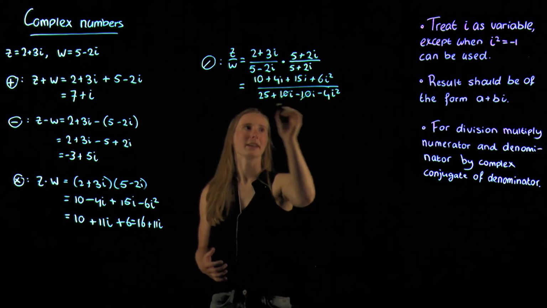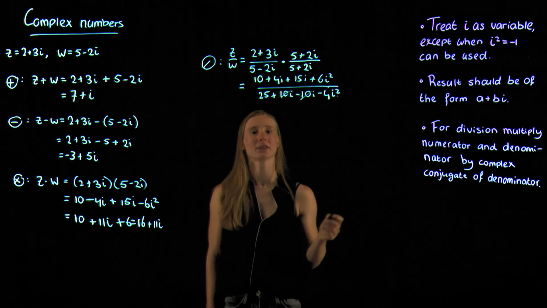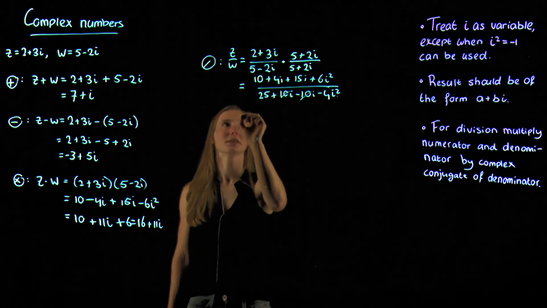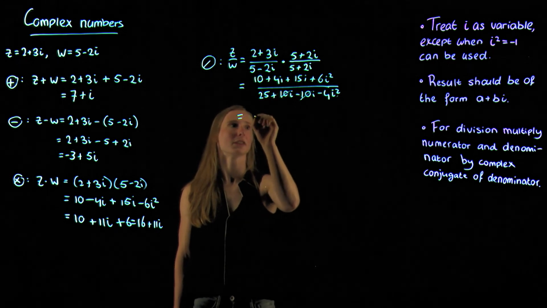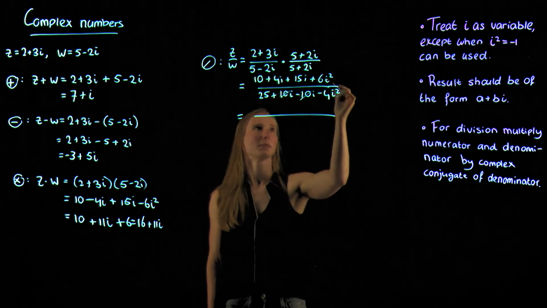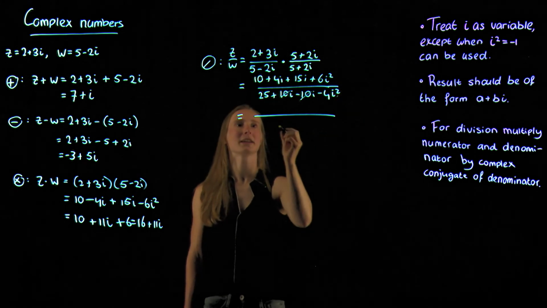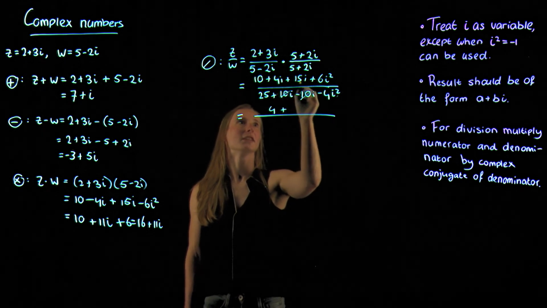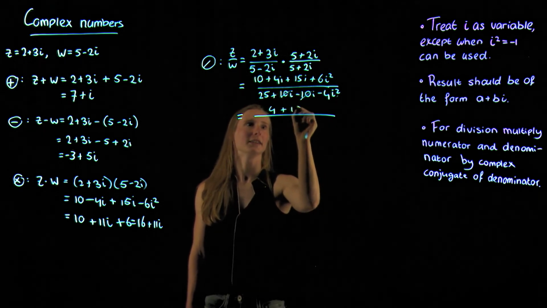So then what we end up with, we have this i squared here, so we can again replace it by minus 1. So let's first write the top a bit more nicely. So we had 10 plus 6i squared, so minus 6. So we get 4 plus 19i.